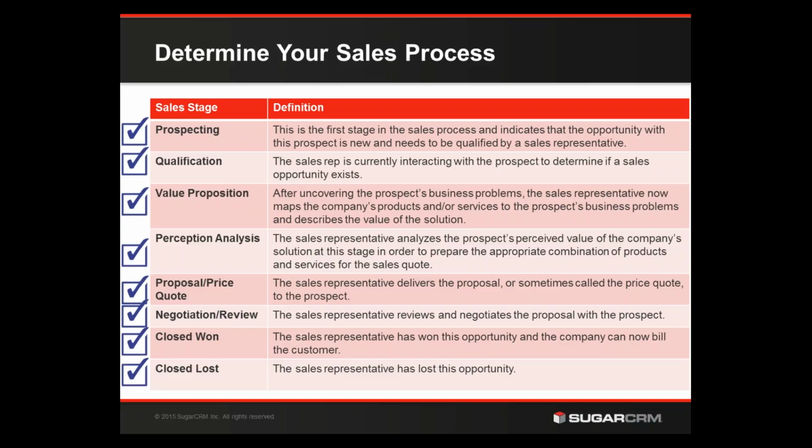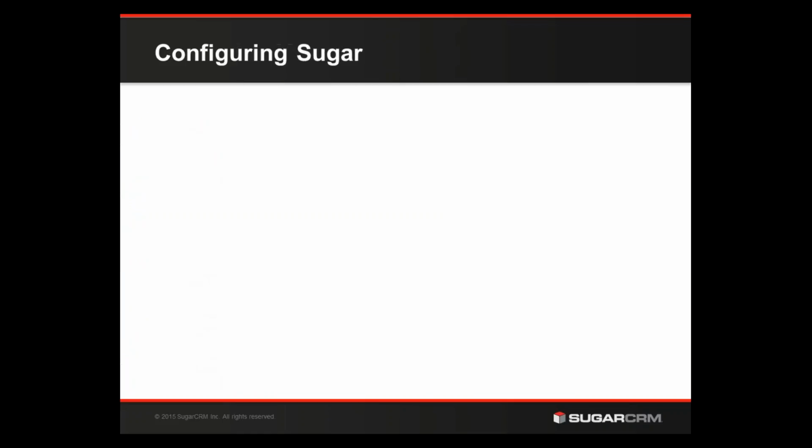Once you know what your sales process is and how the cycle is going to go from one thing to another, who's going to do what, and what you need to gather at each step, then that information will tell you the fields, modules, or records that will be affected by that process. So when you talk about configuring Sugar, this is at a very high level. Configuring in Sugar has to do with things that an admin does, things that can be done out of the box.